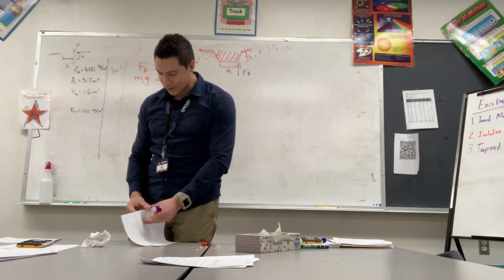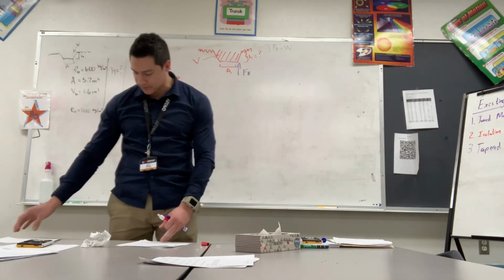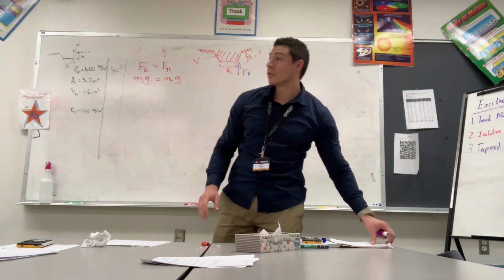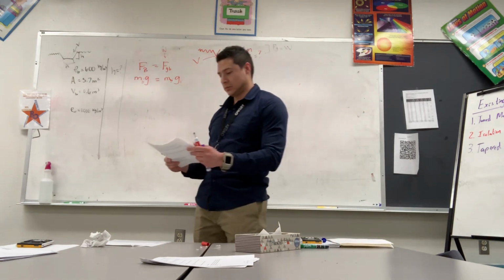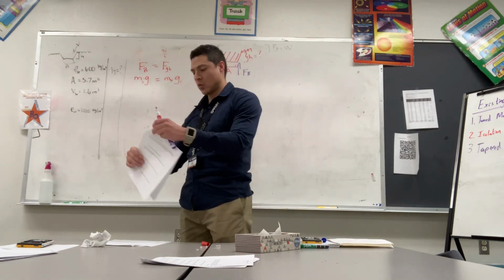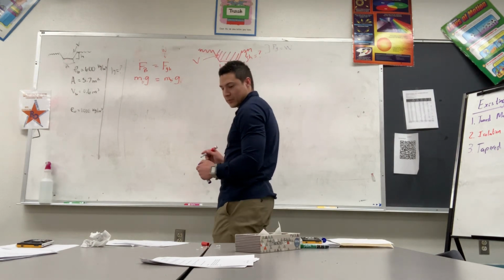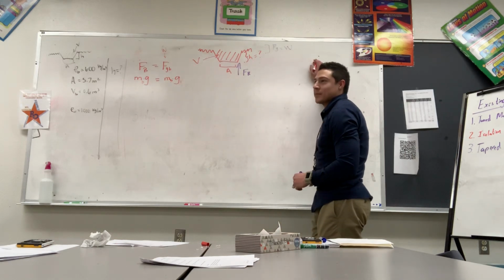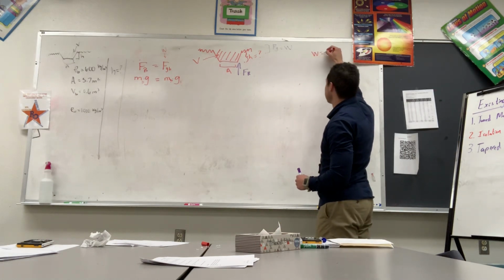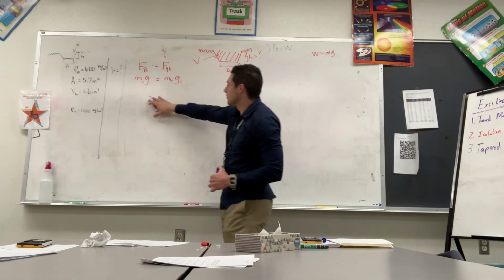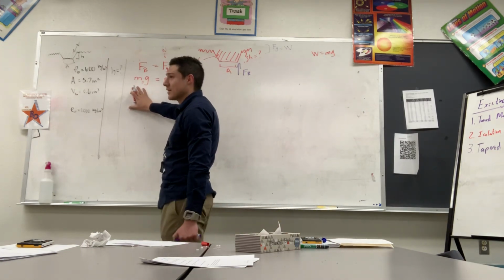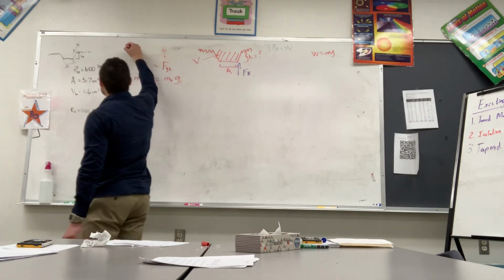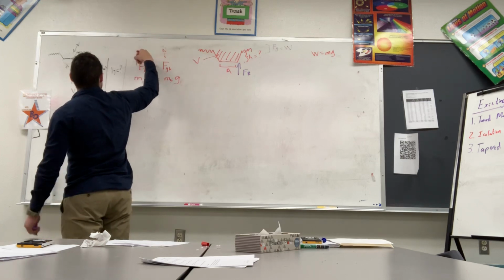Weight is what? It's mass times gravity. All right, so now we can use the densities. Let's figure out the formula for density. Let's use density of water first.